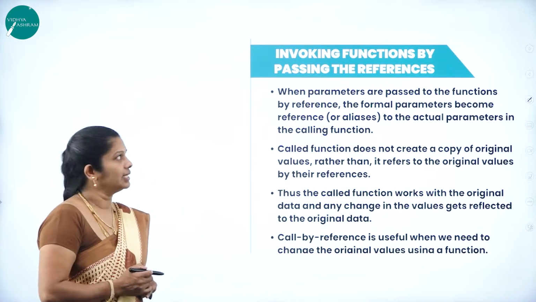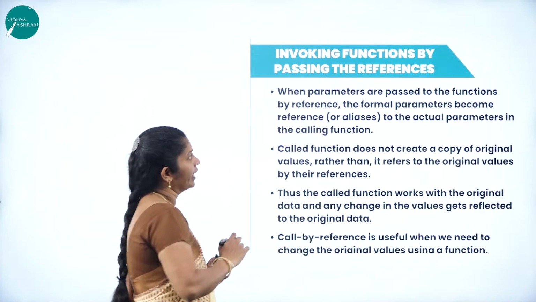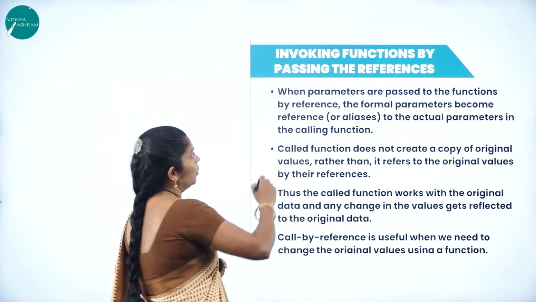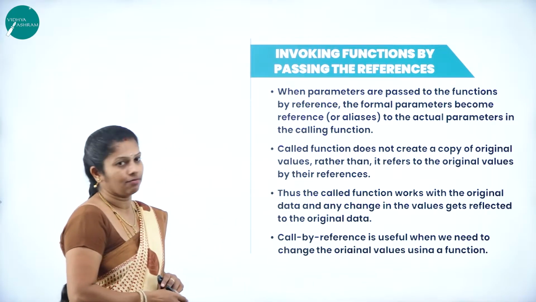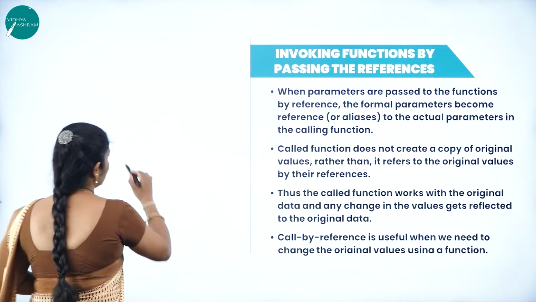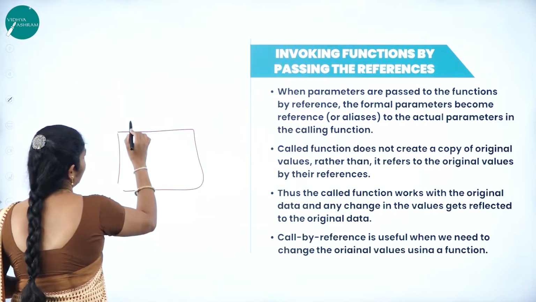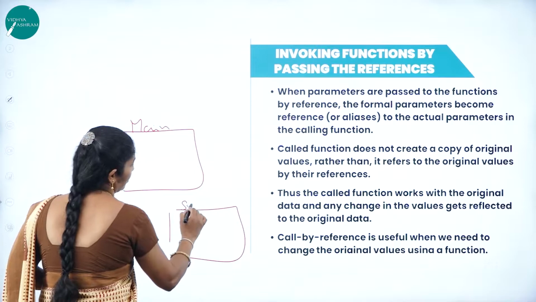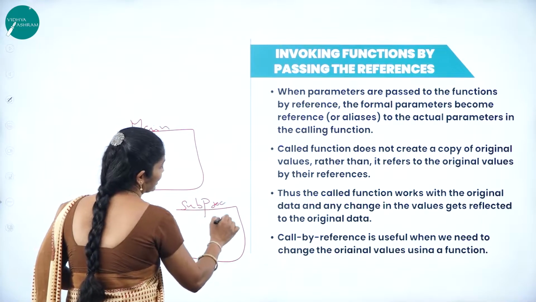Now one by one we'll discuss, that is invoking functions by passing the reference. Here, when parameters are passed to the function, how exactly will it work? For example, consider we have one main program and one more subprogram.